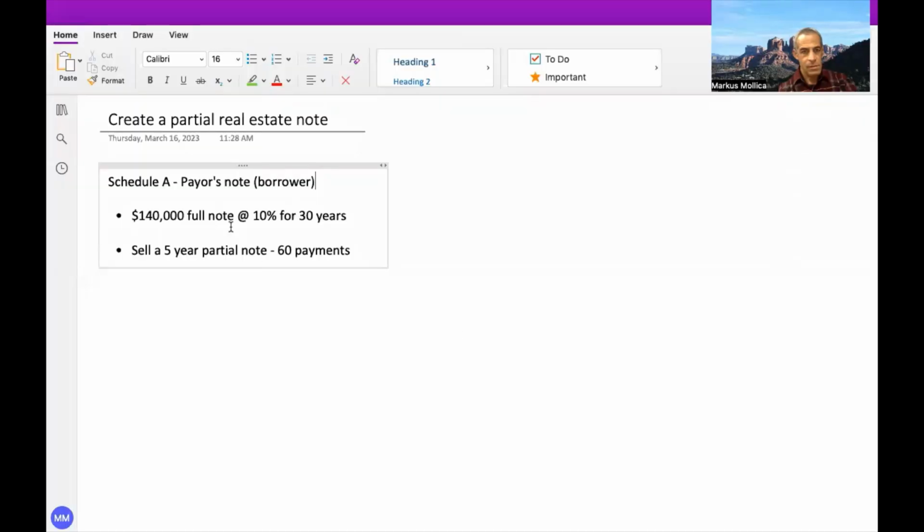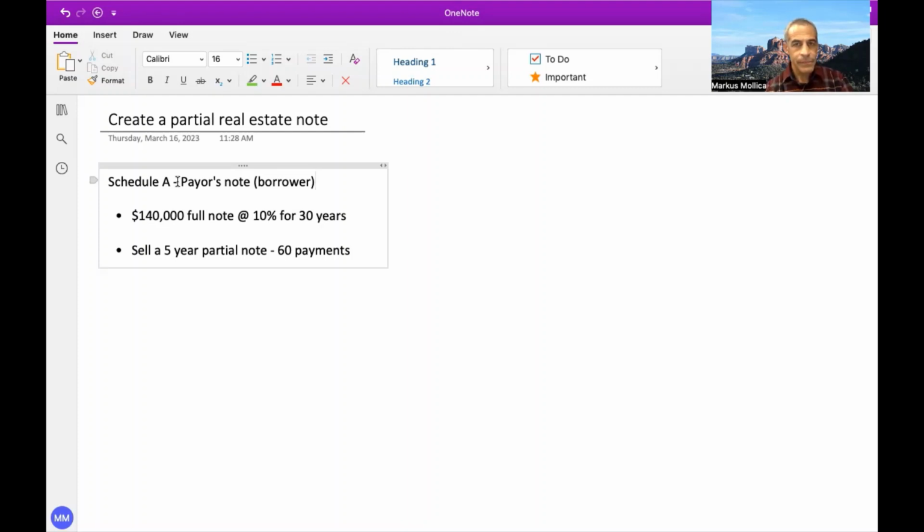So let me share my screen here on a summary of what this note is. There are different schedules with regard to creating these partials, and it's good to understand the terminology here.